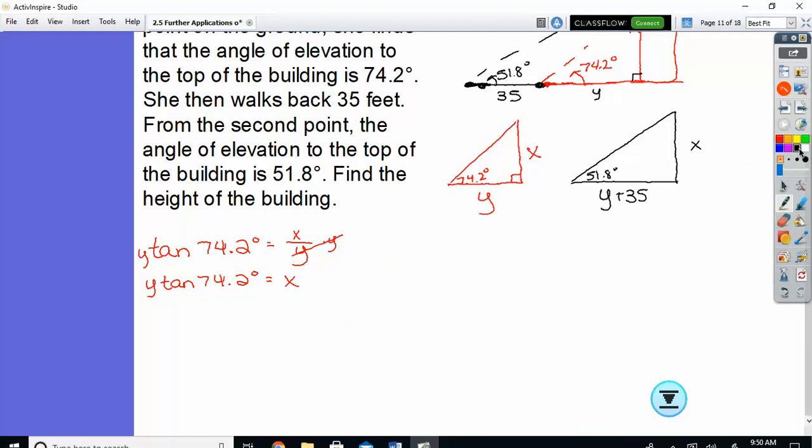Looking at the black triangle, we could do the same thing. We could say the tangent of 51.8 degrees equals the opposite, which is x, over the adjacent y plus 35.